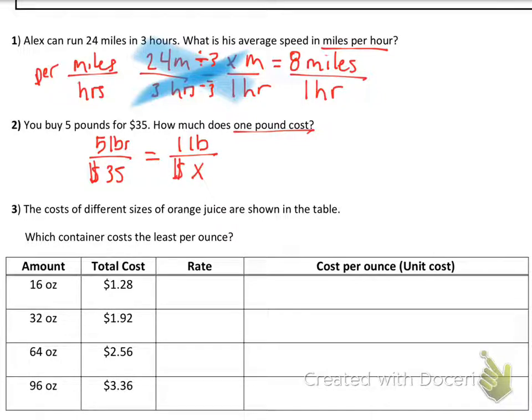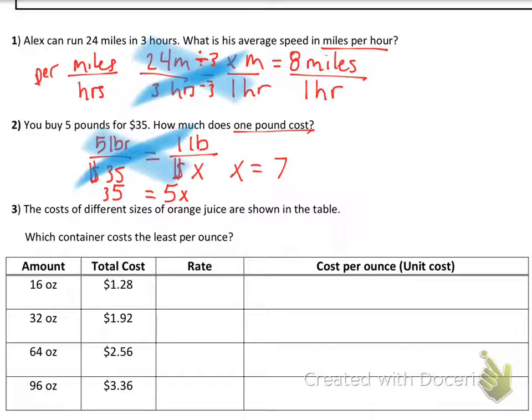So I cross multiply, and I get 35 times 1 equals 5x. Divide by 5. So I get x equals 7.